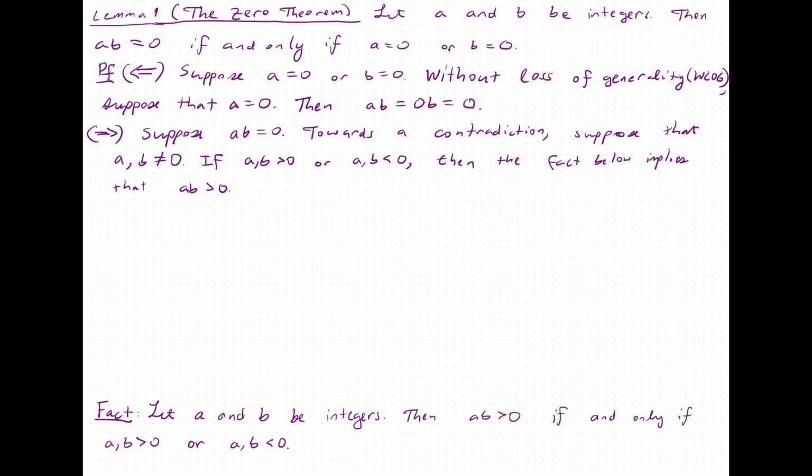So that means that both A and B have different signs. Consequently, we have that one of A or B is positive and the other is negative.